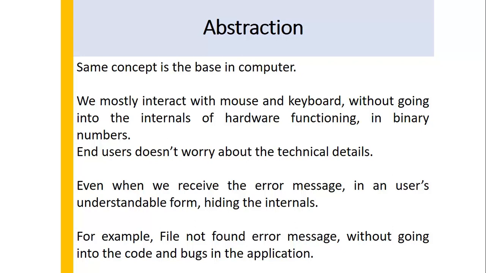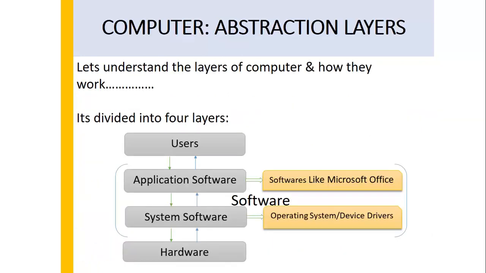For example, a file not found error message is displayed without going into the code and bugs in the application. For instance, when we use Notepad and get an error that the file is corrupted, it doesn't display the hardware issues behind the error. So a computer can be described as a layer of abstraction.